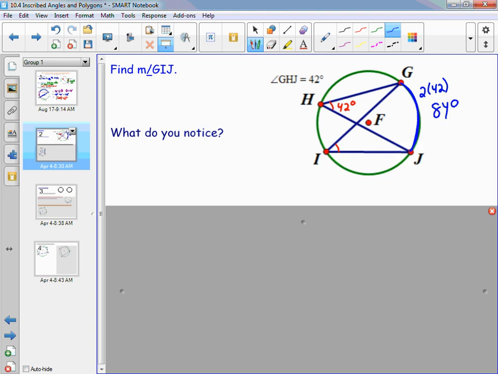We also notice that this angle I, GIJ, also creates the same arc. So the angle GIJ is half of 84 degrees, which is also 42 degrees. What do we notice? We notice they have the same measure.